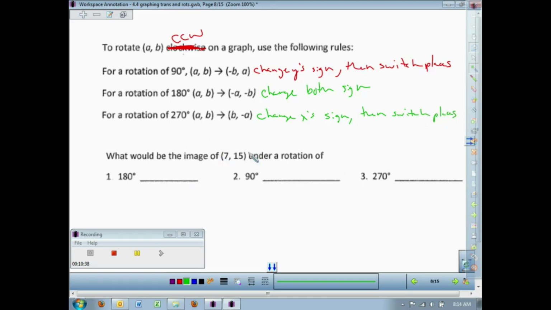Let's do this. This is point 7, 15 under a rotation of 180 degrees. Change both signs. It would rotate to -7, -15. That would be the new image. For 90 degrees, change Y sign, then switch places. And to rotate 270 degrees, change X's sign, then switch places. So that's what we'd get when we do those.